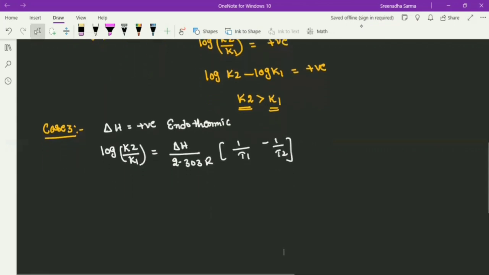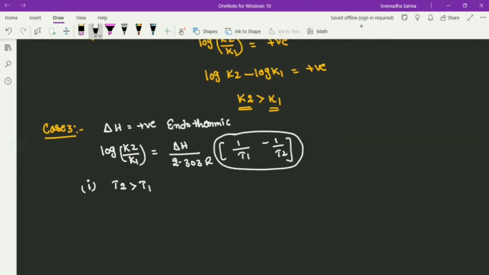Case 1 here: T2 is greater than T1, so the temperature increases. This total term will be a positive value, and log K2 by K1 is also positive.